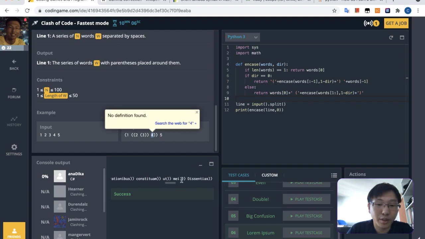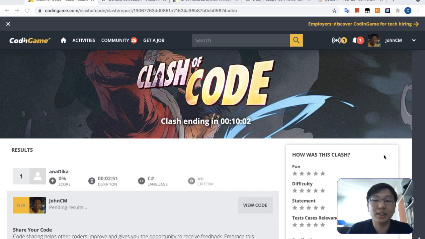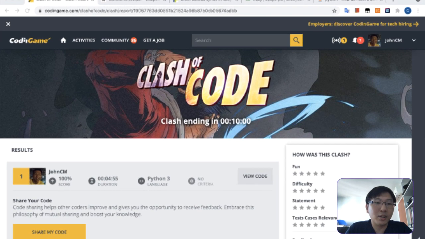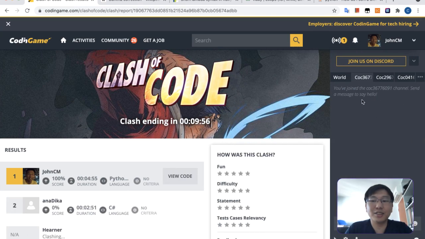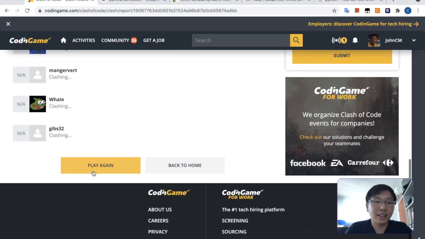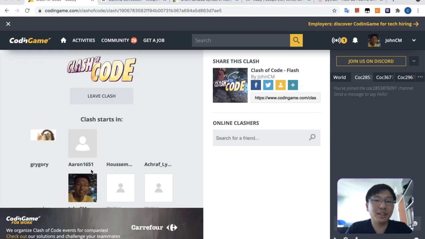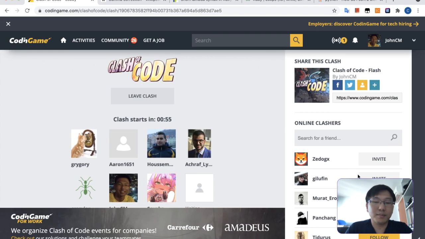So I actually hard coded this method when I was doing this in fastest mode. But now today I decided to do a recursion. I guess it doesn't really matter, as long as it's good. It's fastest mode anyway. You just need to solve the problem. You don't need to actually code it.